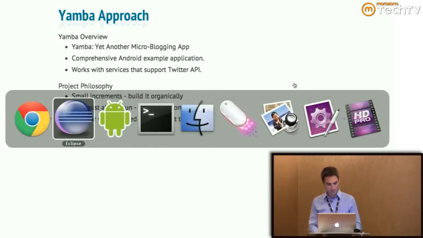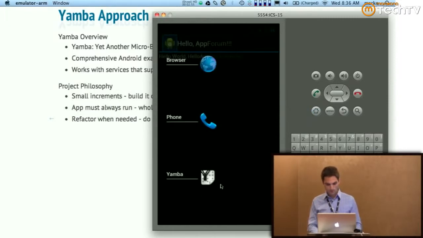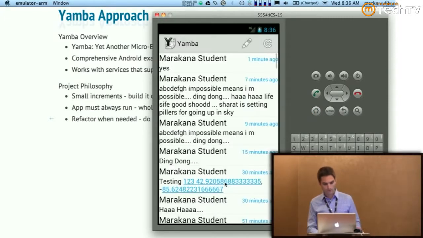Let me show you this app in a nutshell. So I have it running here on my emulator, and it looks like this. And the source code for it and everything is available for free. I'll point out where later on. But basically, this is just a list of what my friends are doing.